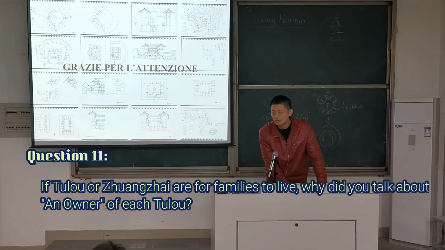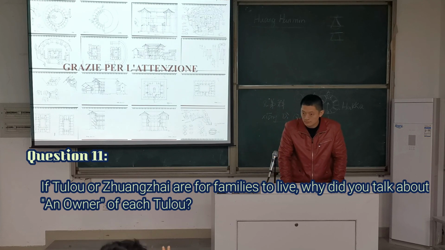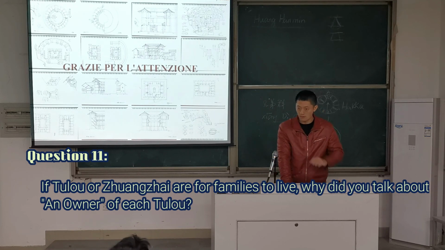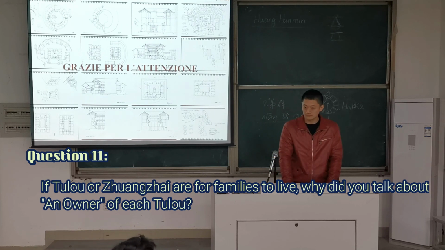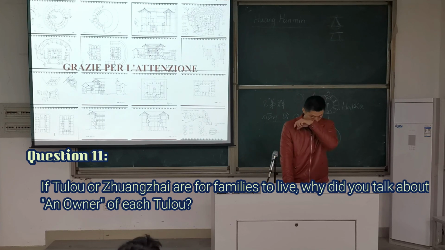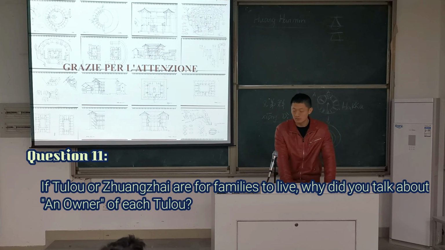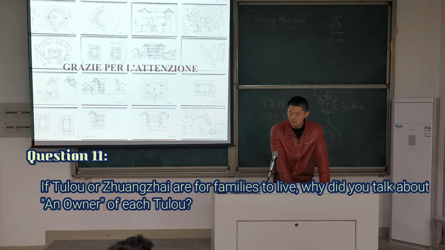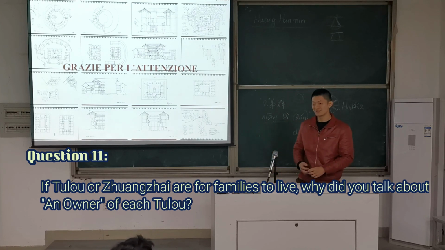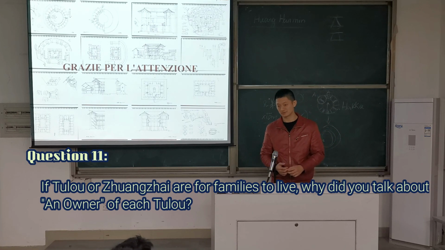The tulou, for example, like the Zhongjai, are for multiple families. But now you're talking about an owner of tulou, or the owner of the Zhongjai, like the Japan man yesterday. Why is there just one owner now?